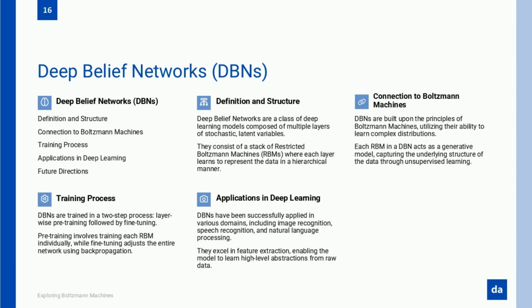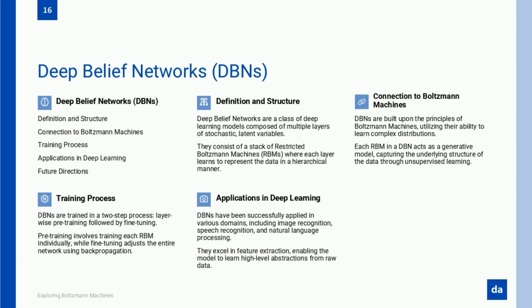But with DBNs, researchers found a way to train deep architectures layer by layer, making deep learning more practical and accessible. A DBN is essentially a stack of RBMs where each layer learns progressively more abstract representations of the data. The training process happens in two main stages.